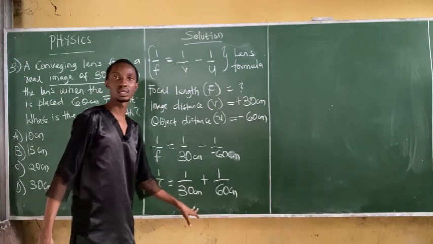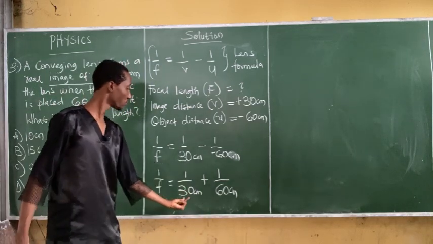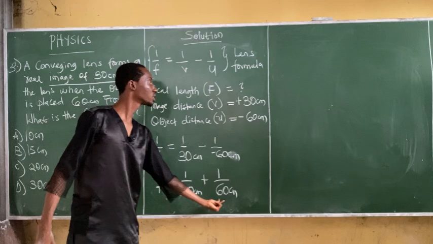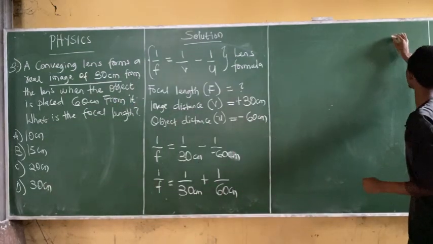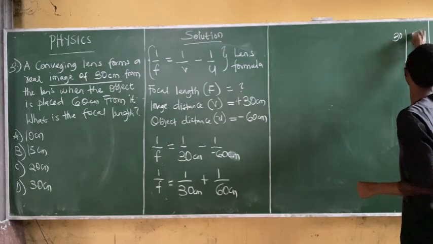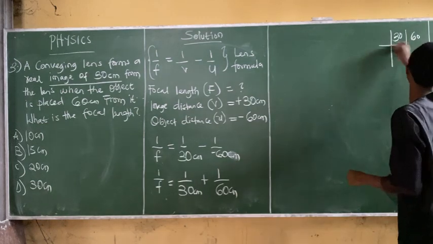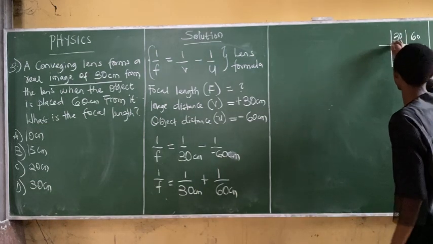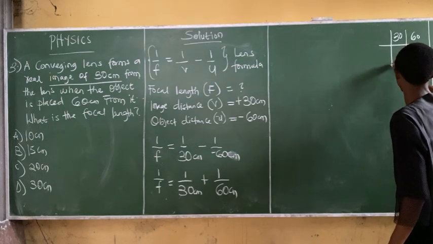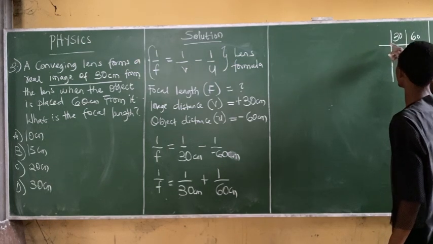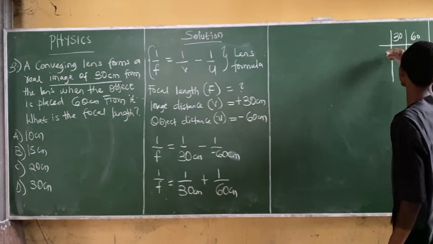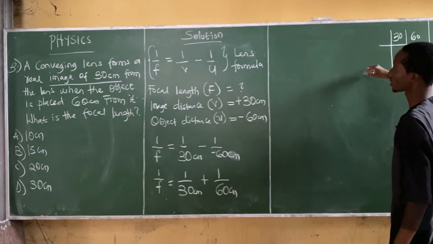These are fractions, right? We'll find the LCM. The LCM of 30 and 60 is what? What can divide these two numbers?